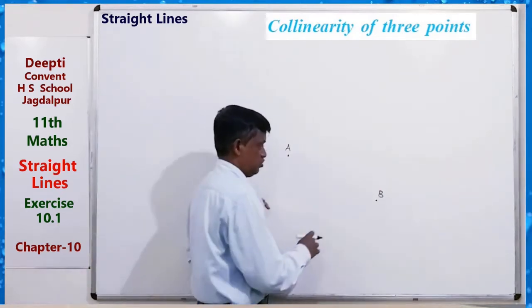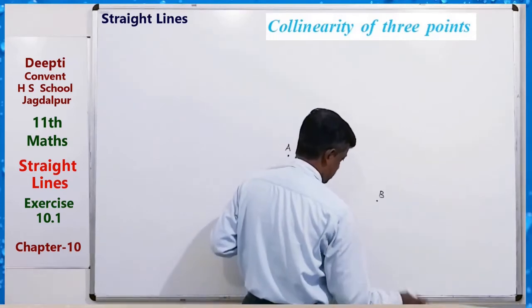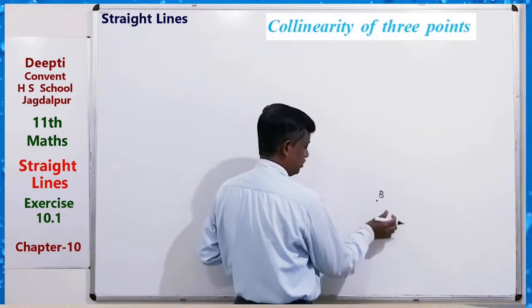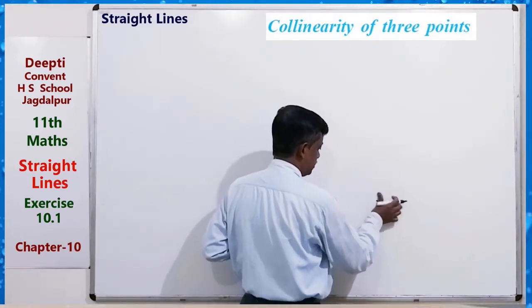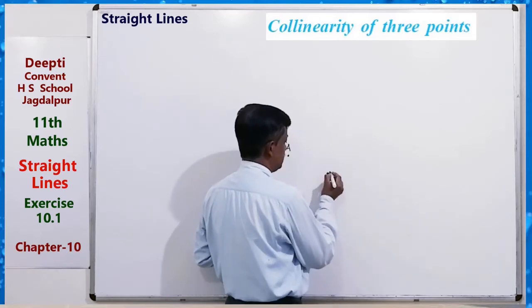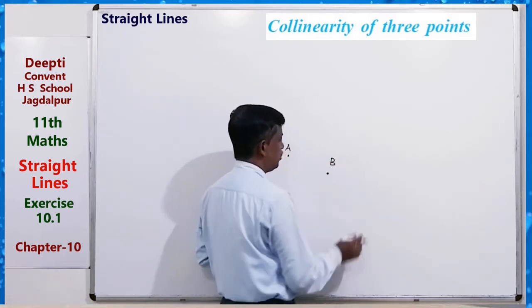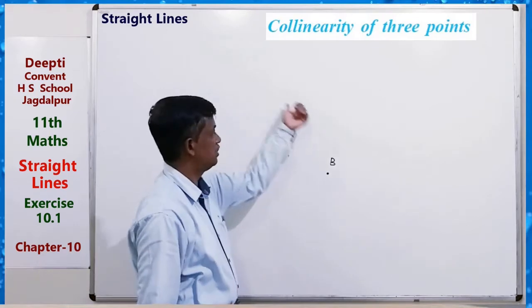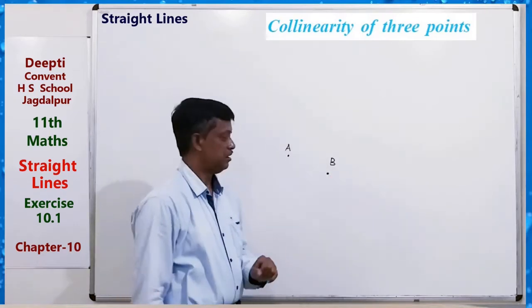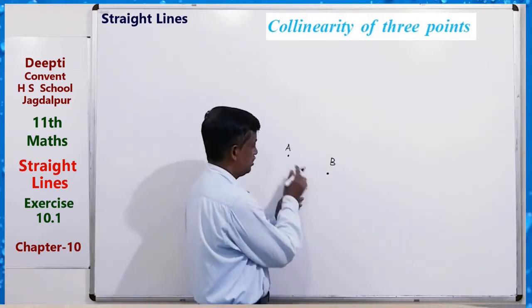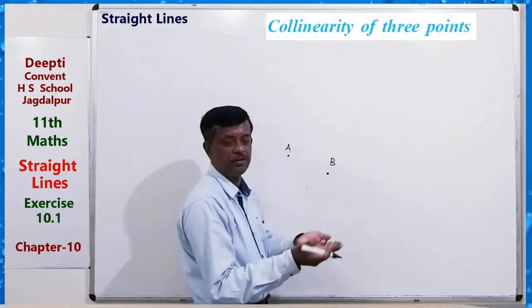Third point, suppose the third point is, so this is here, suppose you can draw the third point here, there and anywhere. If the third point is here, that is not collinear, not lying on a single line.